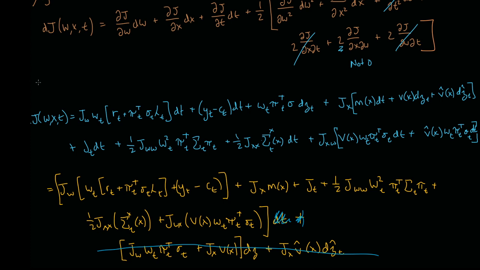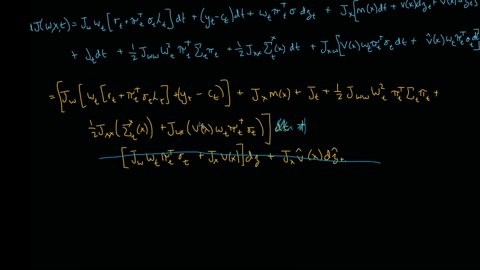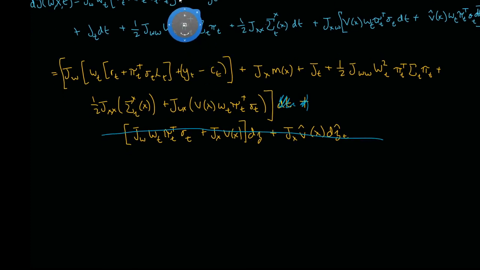Okay, that's great. So let's plug that back into our Bellman equation and achieve what we were hoping to achieve this video. So if you recall, we had j of wt, xt, and t, and that was times delta, is equal to the maximum of ct and pi t, and then u of c, plus all this junk.